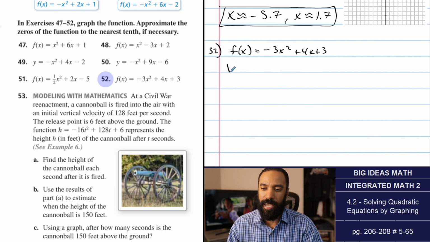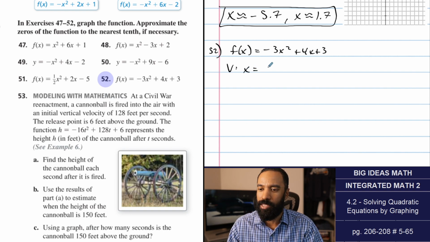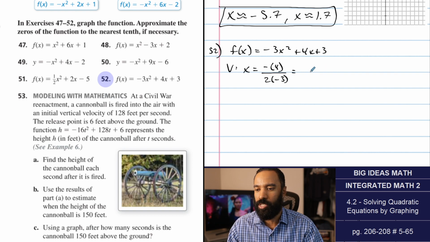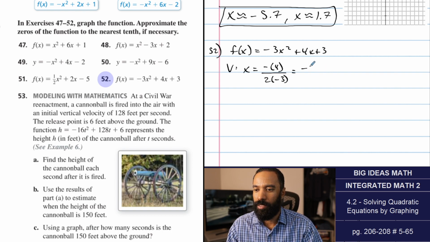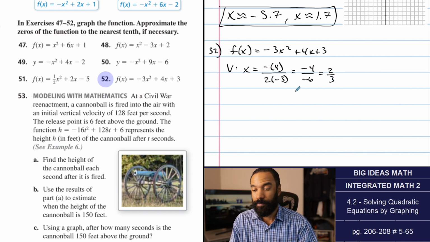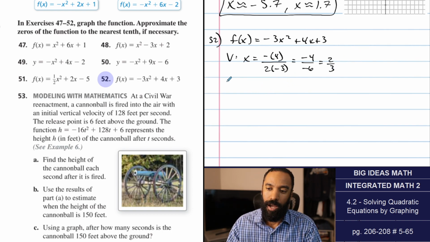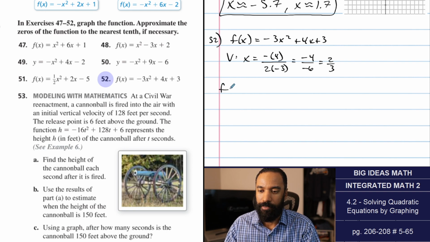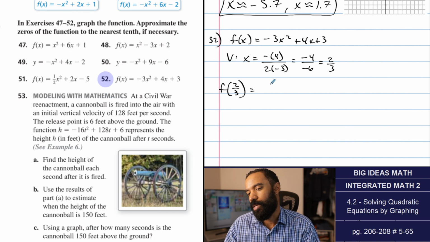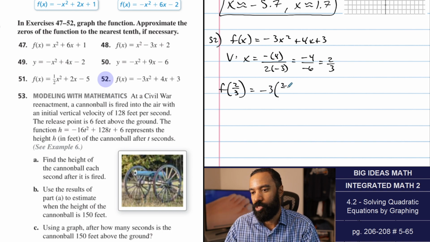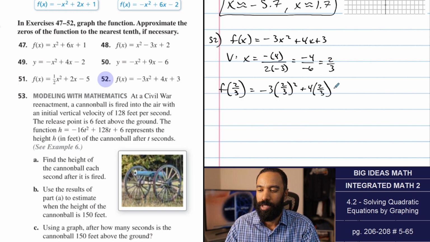Okay, so the vertex x value is -b over 2a, which is -4 over -6, which is 2/3. Wow. This is not going to be as fun to graph. So f of 2/3 is -3 times 2/3 squared plus 4 times 2/3 plus 3.